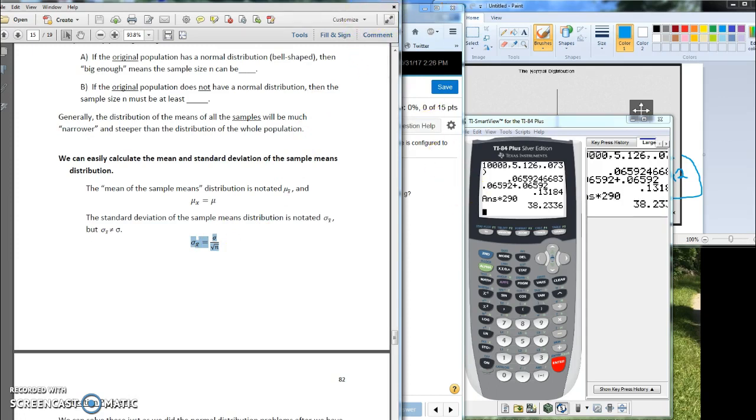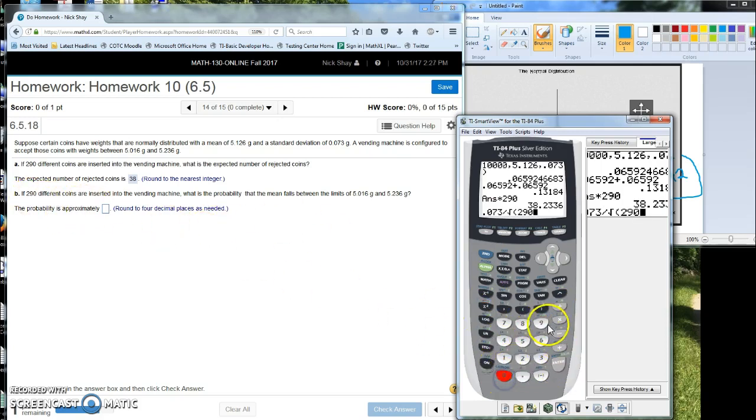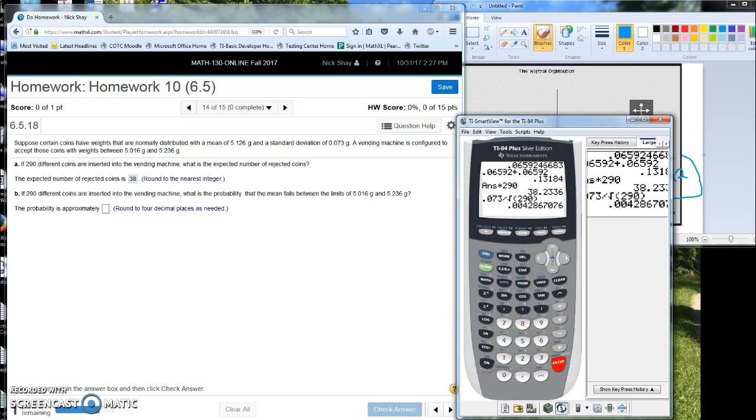So my new standard deviation is going to be, what's the old one? 0.073 divided by the square root of 290 coins, right? And so I get 0.0043.